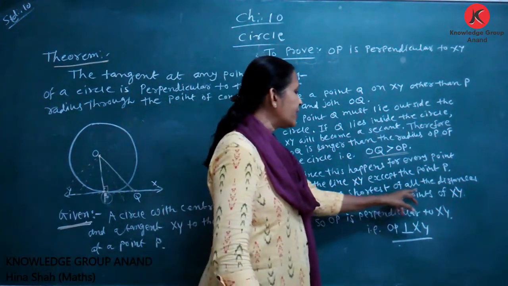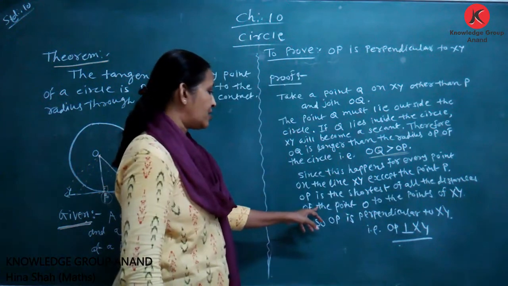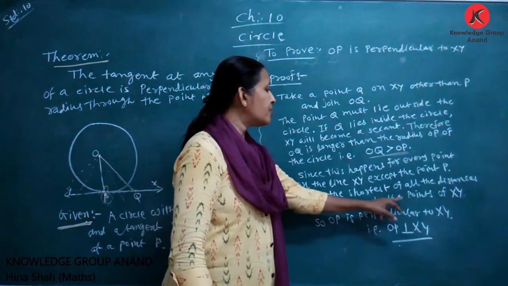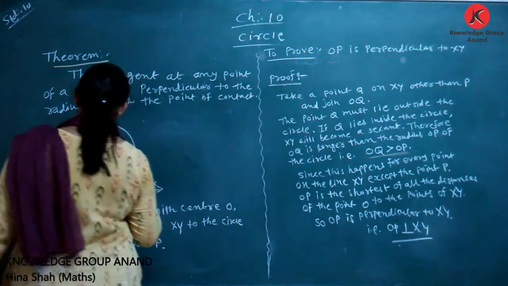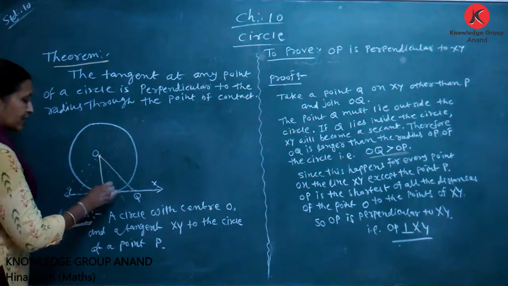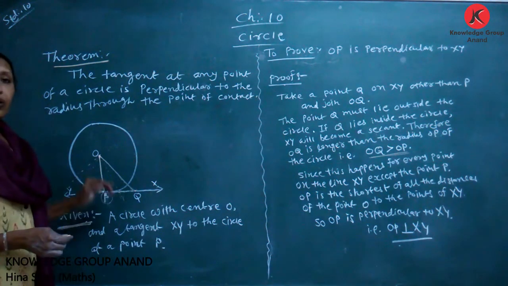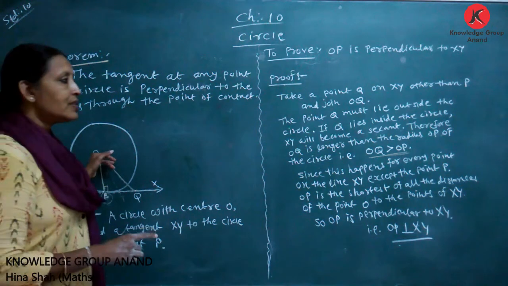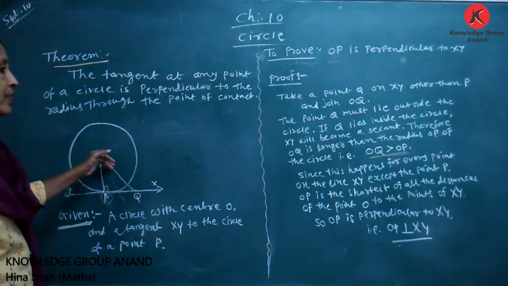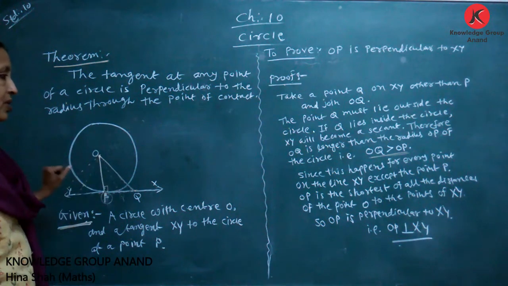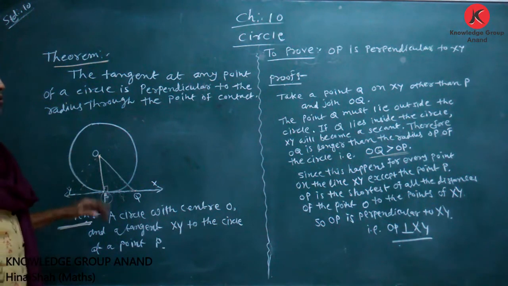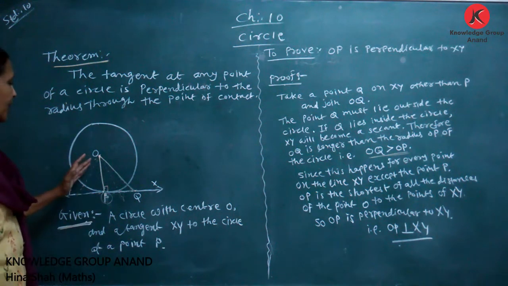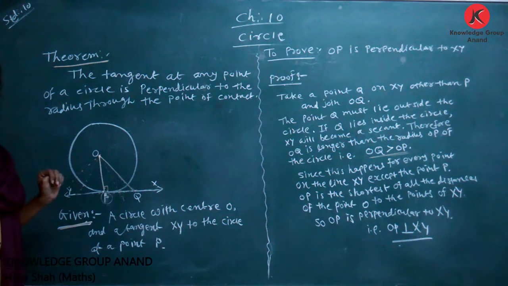OP is the shortest of all the distances of the point O to the points of XY. So OP is perpendicular to XY.